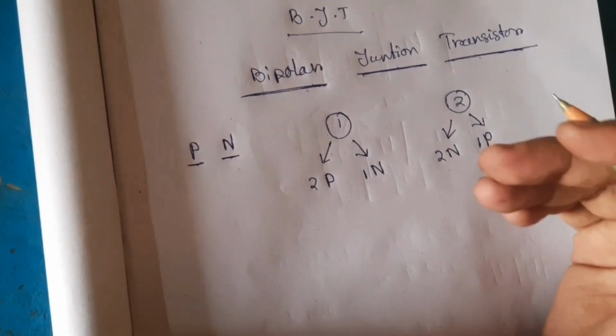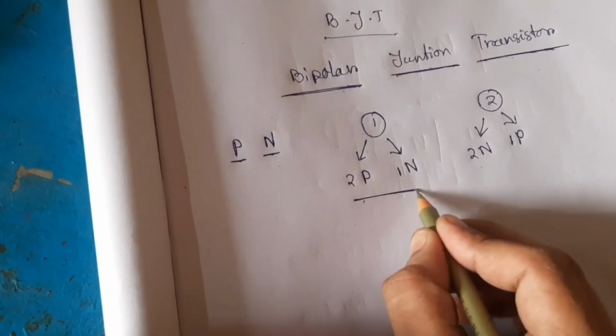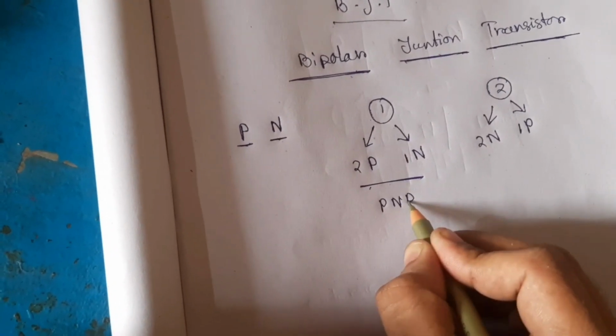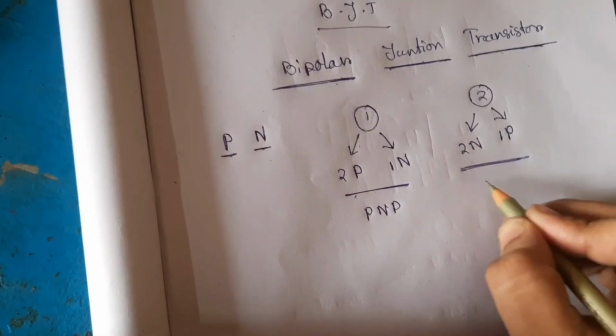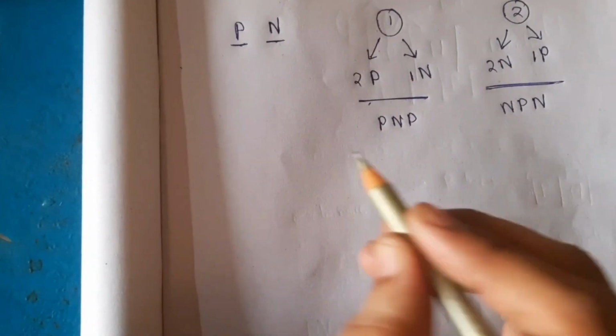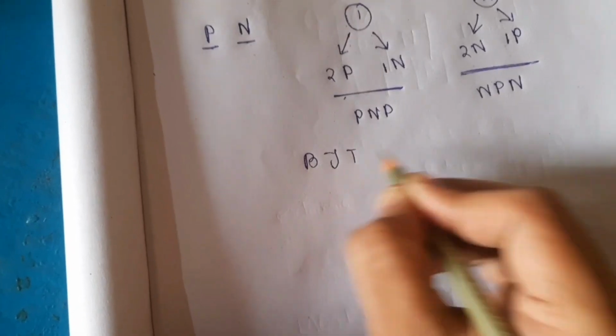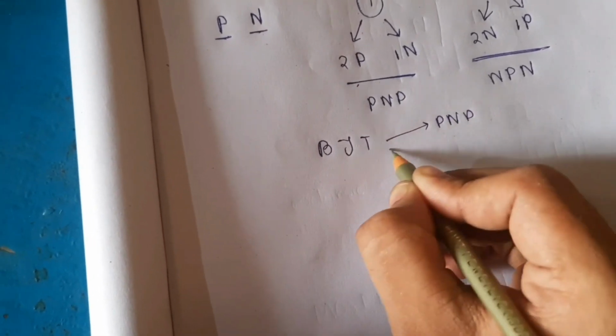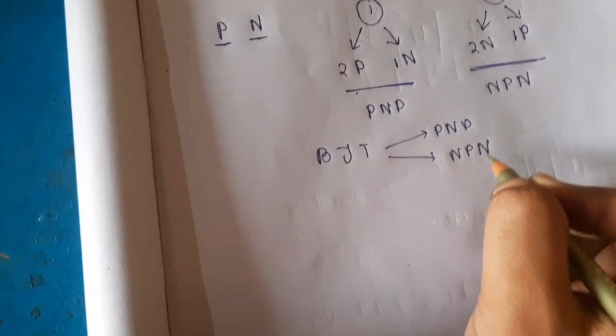This is another transistor. So this transistor is called a PNP transistor and this transistor is called an NPN transistor. So there are two types of BJT transistor, one is PNP and another is NPN transistor.